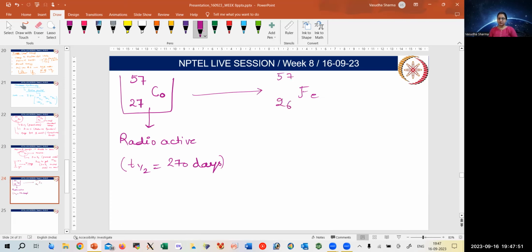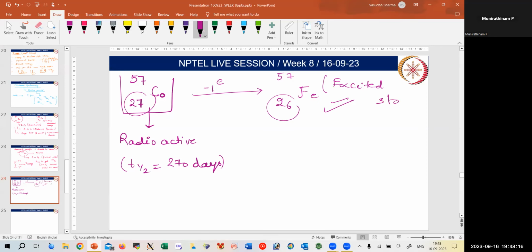How does it happen? You can see there is no change in the mass number, but there is a change in the proton number. That means an electron is being used here. Because of the electron capture, that -1 charge, it goes from 27 to 26 and we get excited state iron.